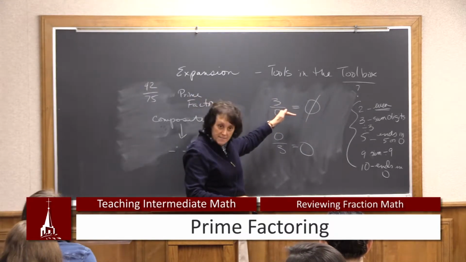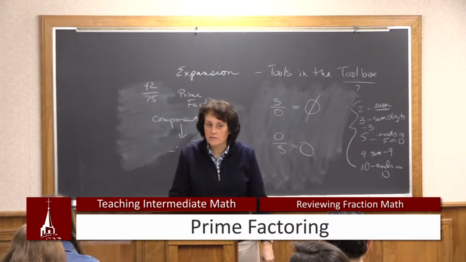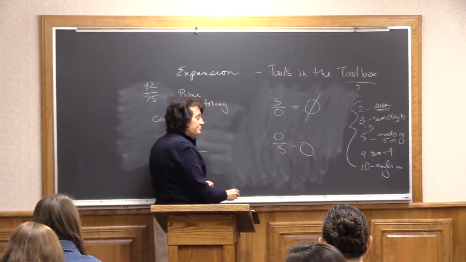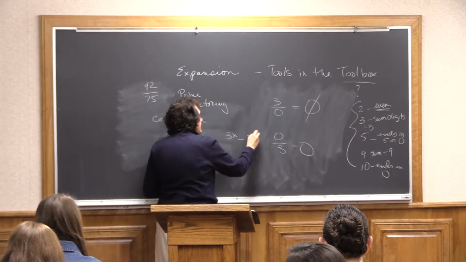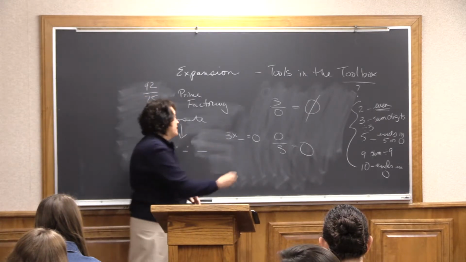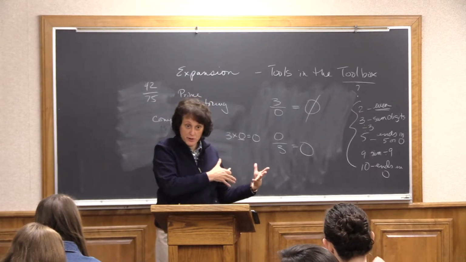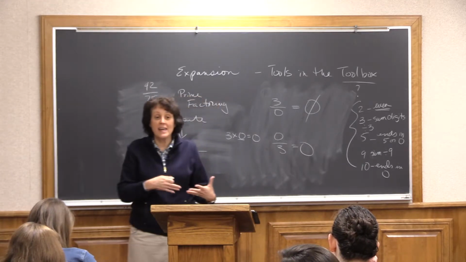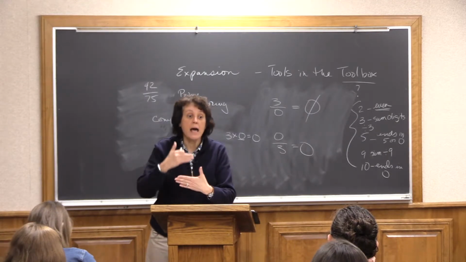This is undefined, because how do we define division in terms of multiplication? This is asking 3 times what number equals 0? That's fine, because remember, division is defined as the inverse of multiplication. When we say 3 divided into 0, we're asking 3 times what?